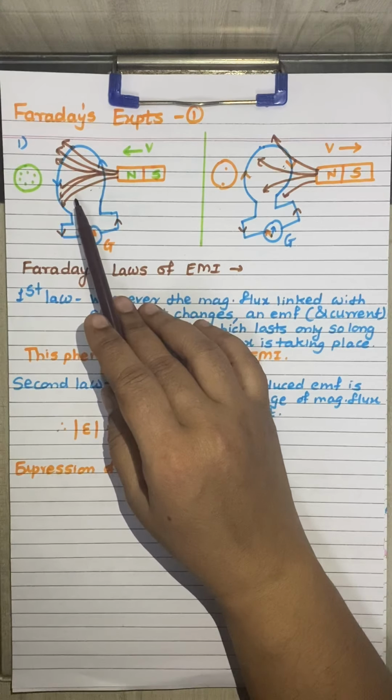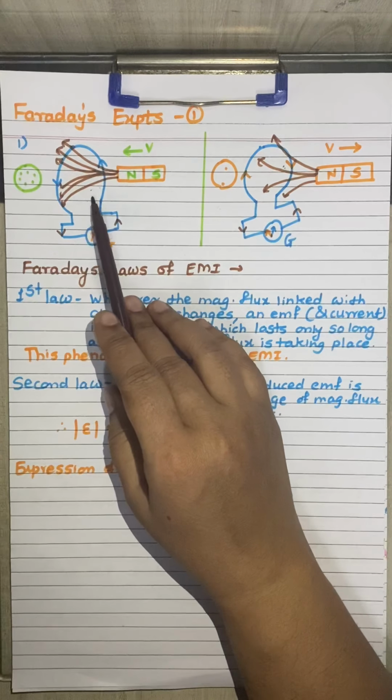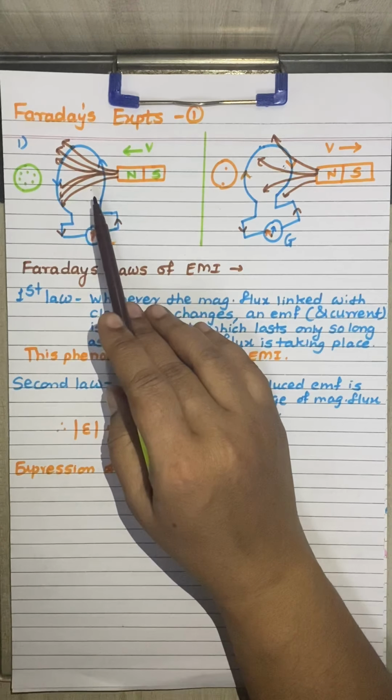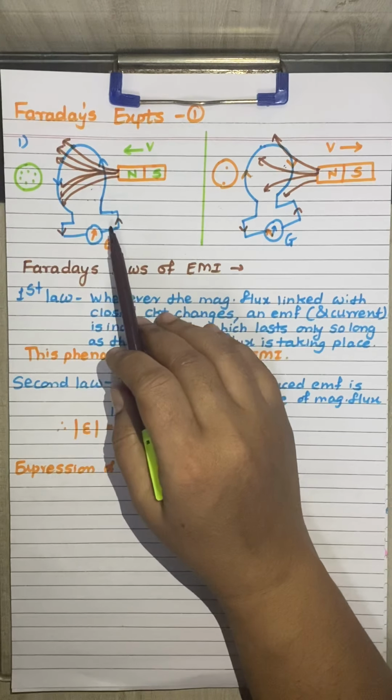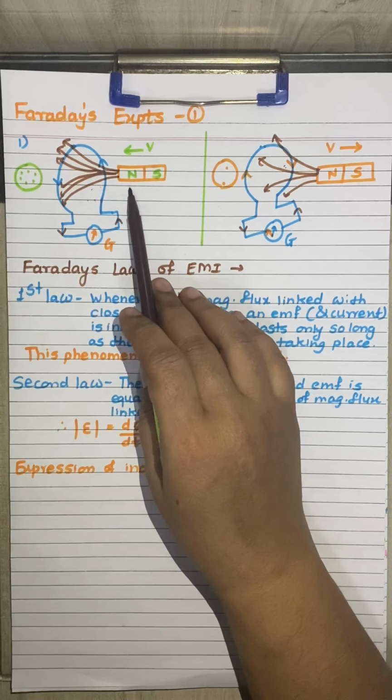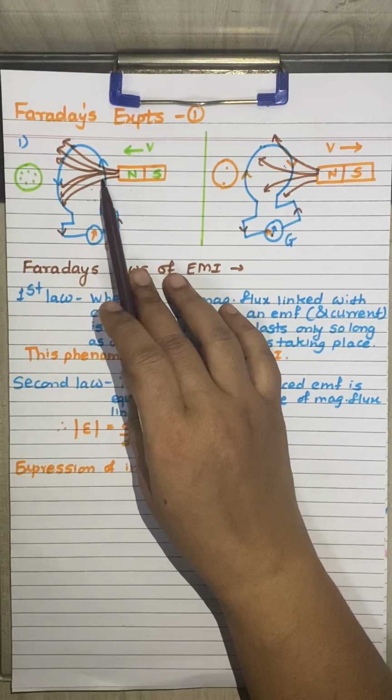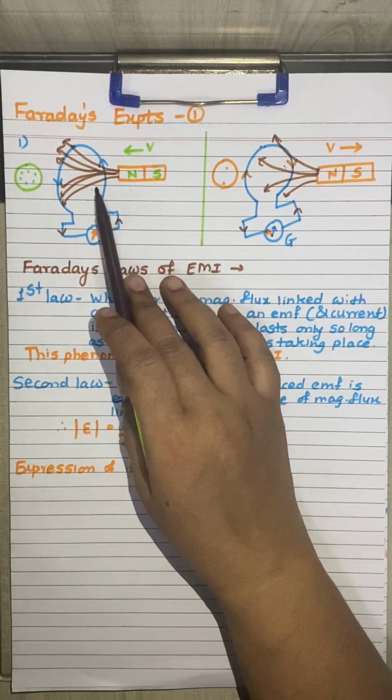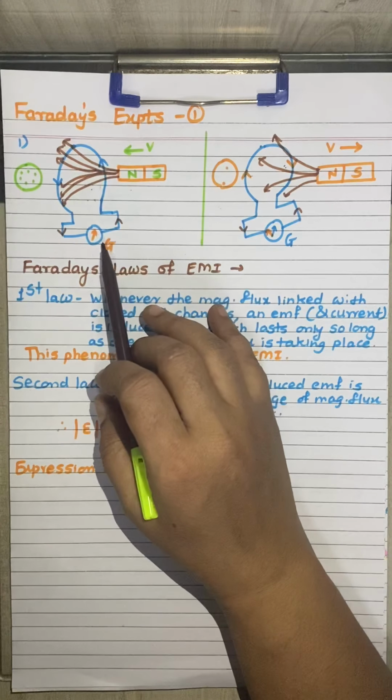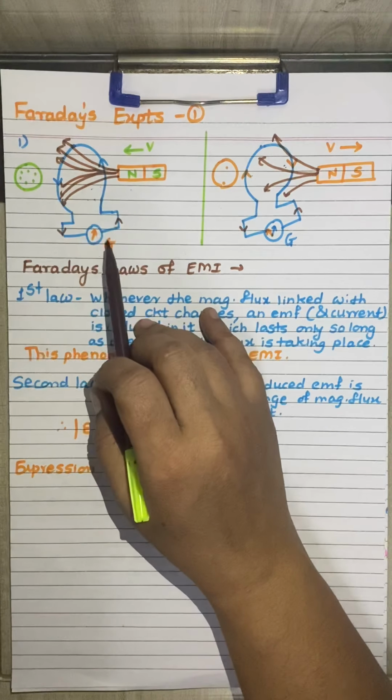When the magnet is moved away, the magnetic flux linked with the coil decreases and the induced EMF also goes on decreasing. And if the magnet is kept stationary, the magnetic lines of force are not going to change, and therefore we cannot see any change in the galvanometer deflection.